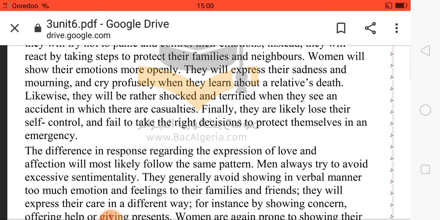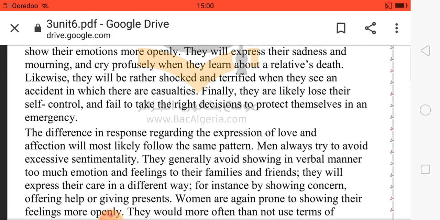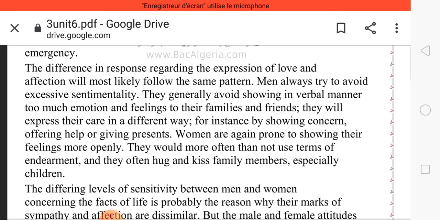Likewise, they will be rather shocked and terrified when they see an accident in which there are casualties. Finally, they are likely to lose their self-control and fail to take the right decisions to protect themselves in an emergency. The difference in response regarding the expression of love and affection will most likely follow the same pattern.